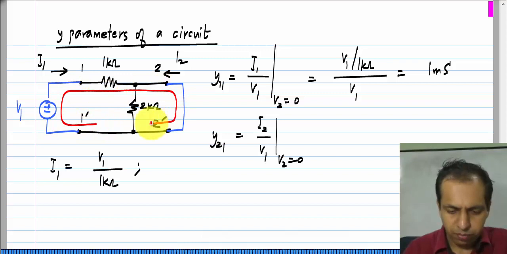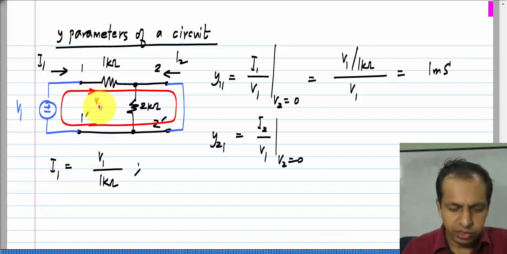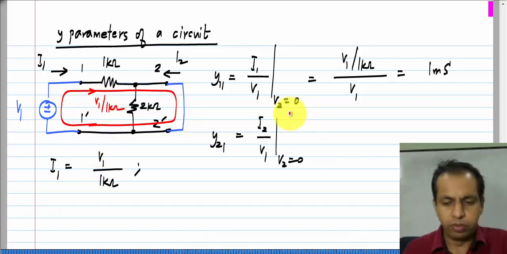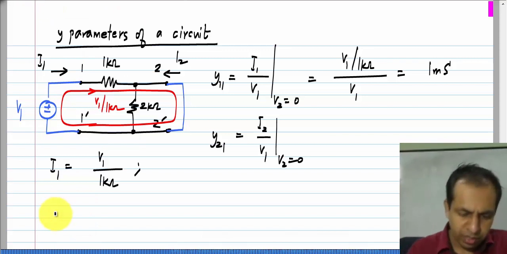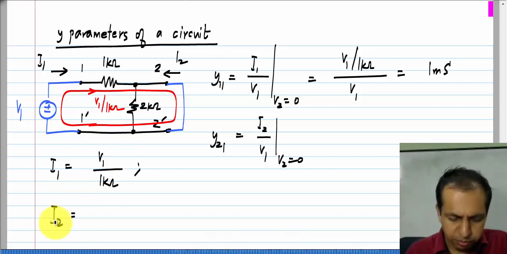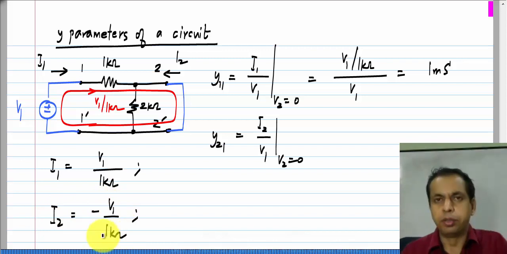So, we have a current in this direction, which is V1 divided by 1 kilo ohm. And if you look at I2, it is the same as this current, but with the direction being opposite. So, I2 is simply minus V1 by 1 kilo ohm.